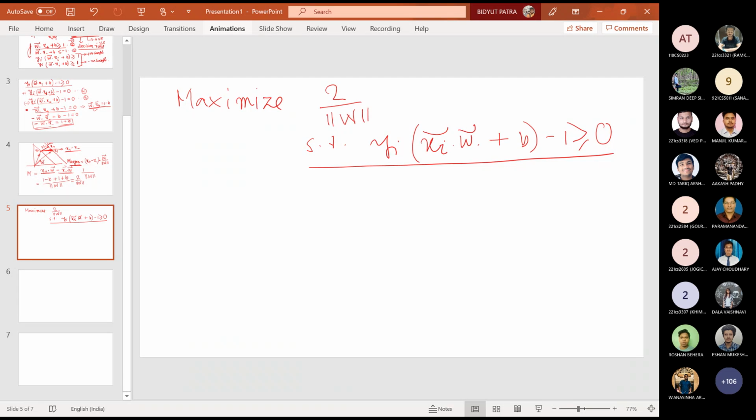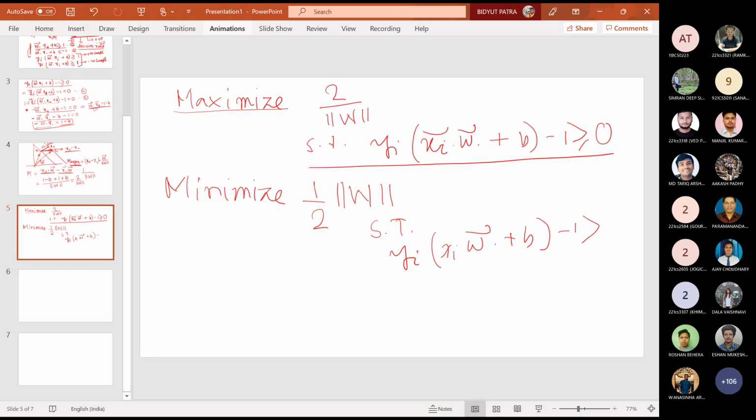So instead of doing this one, we can write minimizing, just put the reciprocal, half of the magnitude of W, subject to the constraint yi (xi · w + b) minus 1 greater than or equal to 0.